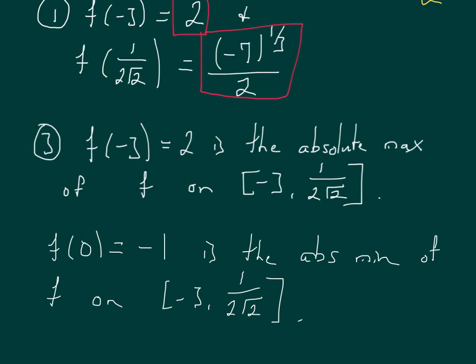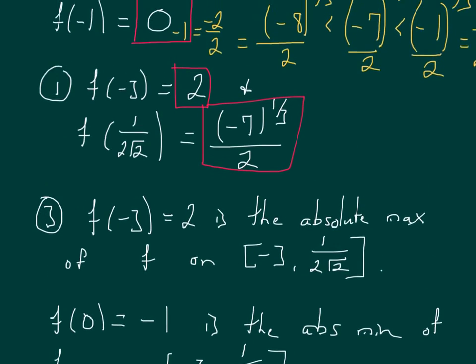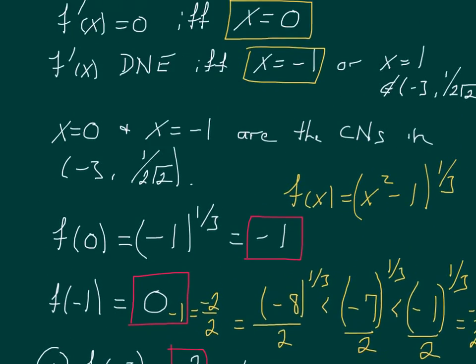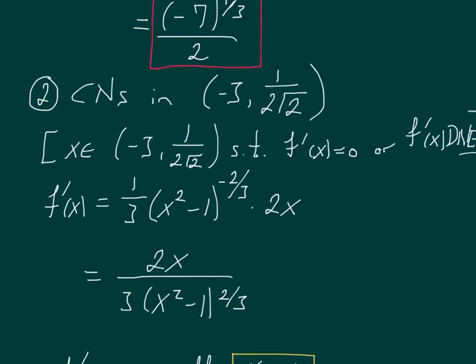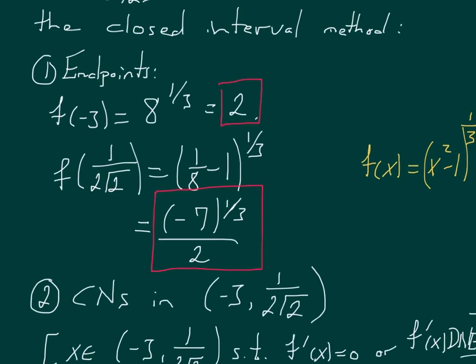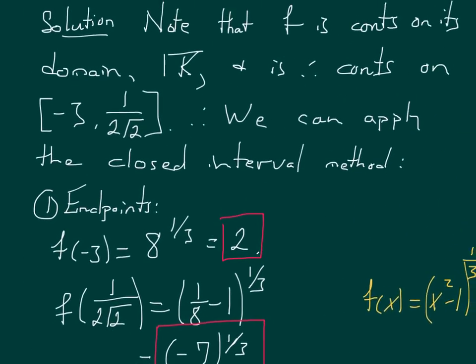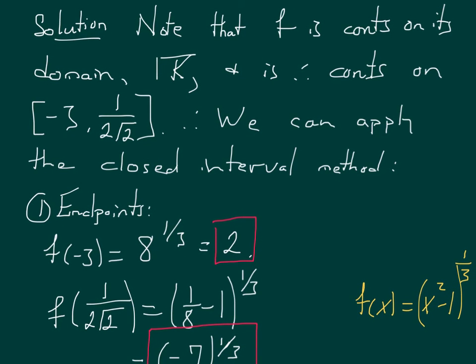So let's just recall, what do we have to do? When you're using the closed interval method, it's really very easy. You just have to first justify that your use of the closed interval method is okay. For that, all you need to have is any continuous function on a closed interval.